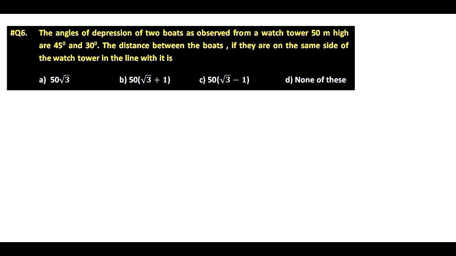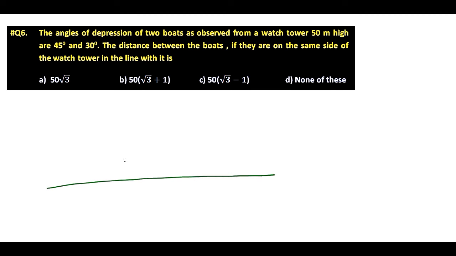Of two boats as observed from a watchtower 50-meter high. The watchtower is 50-meter high, and from the watchtower you are observing two boats, and the depression angles are 45 and 30 degrees. The distance between the boats you have to find if they are on the same side of the watchtower in the same line as the tower is.